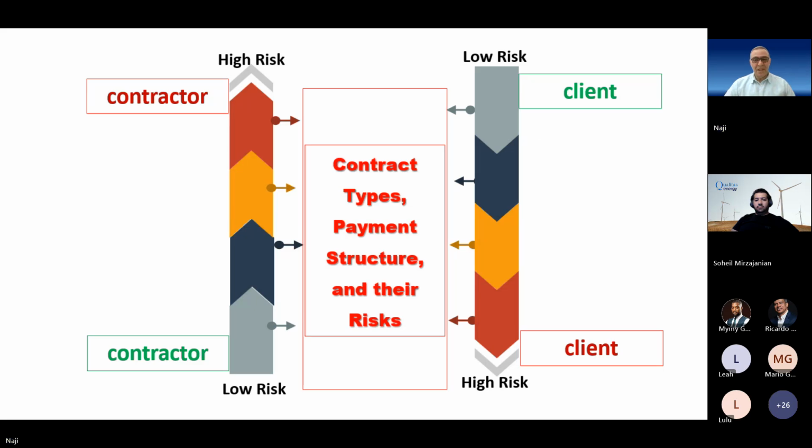Inversely, if you select otherwise, you will bear the high risk, and the contractor is at low risk. So there is this inversely proportional balance. You can find a midway. Again, it is in the contract. There is a midway where you can share risk.